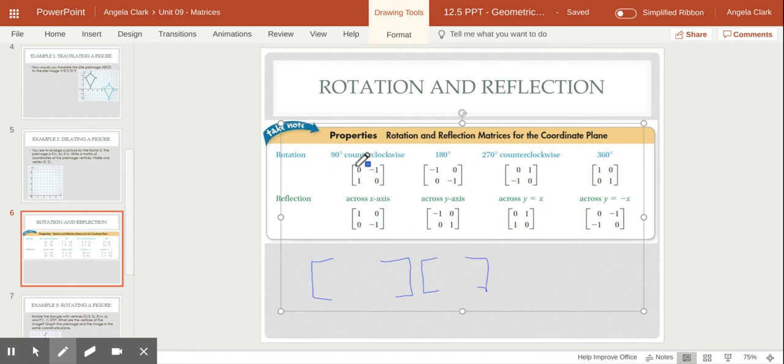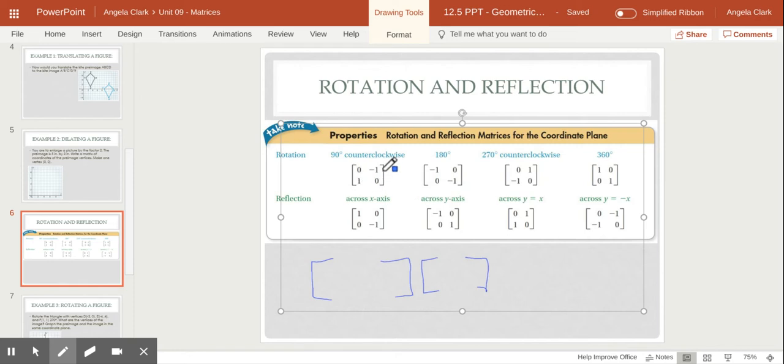Essentially this corresponds with what we're doing to the x value. The first column is what we're doing to the x value, and the second column is what we're doing to the y value. So if a transformation matrix has values along this diagonal, then x and y are staying where they are, I'm just changing them.